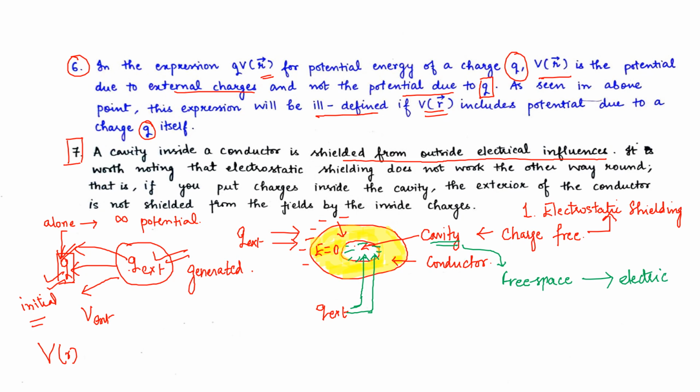Now there are external charges on the surface also, and these charges sent inside the cavity will start to interact, and then this conductor will not stay shielded anymore.